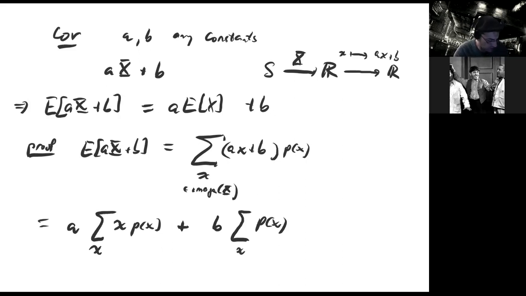Now the first term is by definition the expected value of X times a, and the second term is b times this expression here, which is equal to 1. So this is b times 1, so it's a times the expected value of X plus b. That's what we wanted to get.